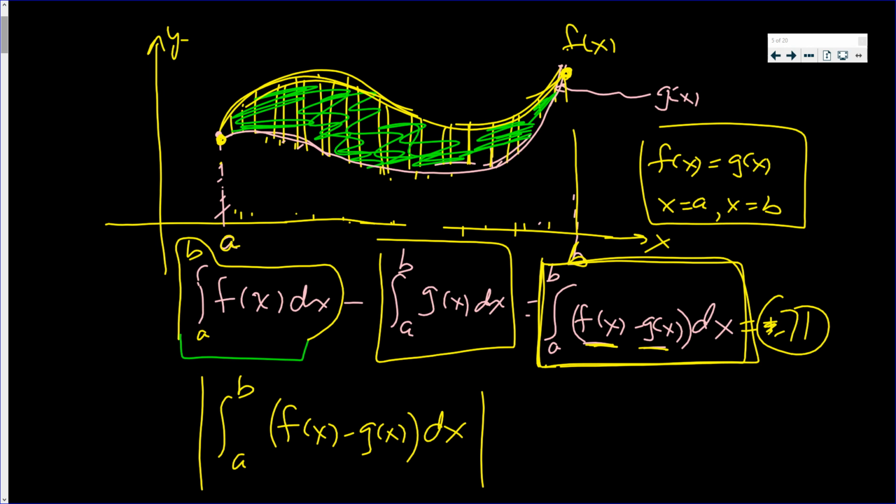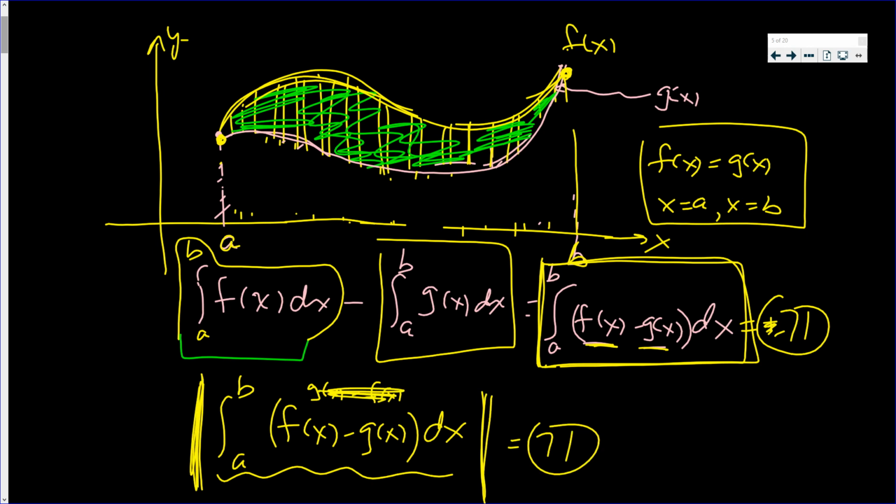Okay, so if this turns out to be -71, that meant you should have had g of x minus f of x. But it doesn't matter, because the absolute value of -71 is 71. And if you did have it right, what's in between the absolute value bars is 71, and the absolute value of 71 is 71. Okay, now that's step one.